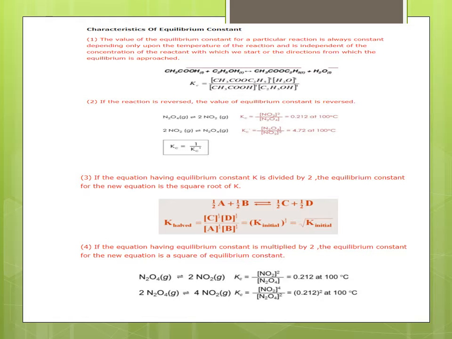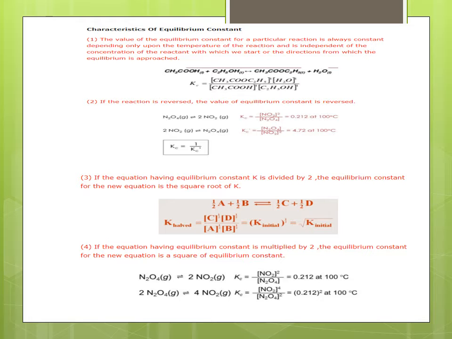The value of the equilibrium constant for a particular reaction is always constant, depending only upon the temperature of the reaction and is independent of the concentration of the reactant with which we start or the direction from which the equilibrium is approached.